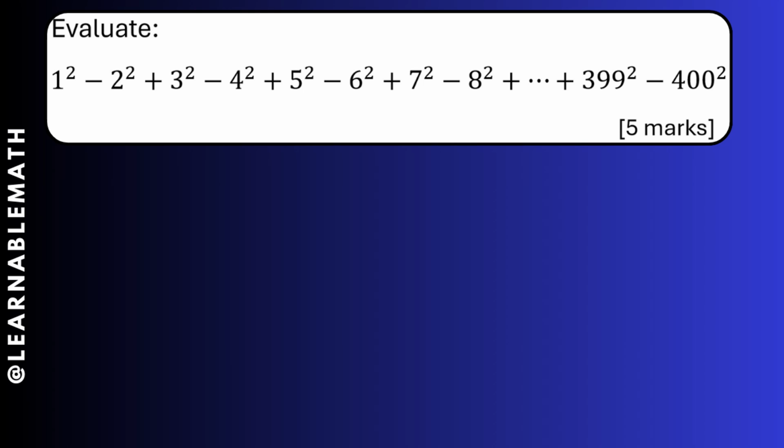So what we have to do is notice, because this is a series, what kind of series we are dealing with. That will enable us to choose the formula we can use to evaluate this expression. If you notice something here, guys, we have the difference between two squares.